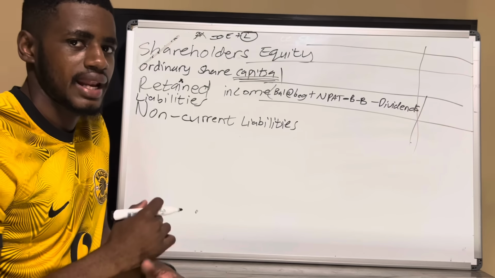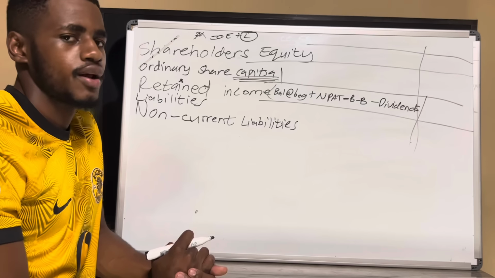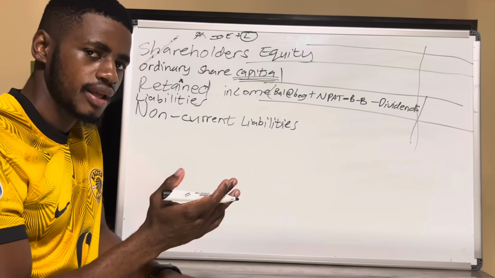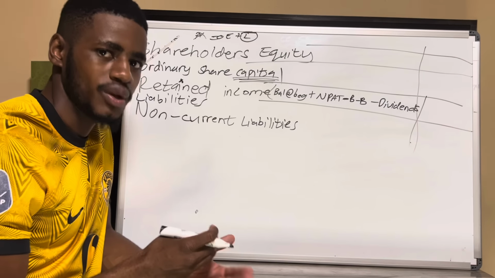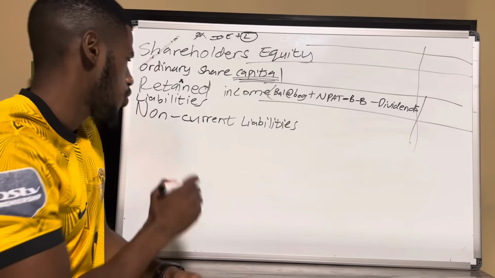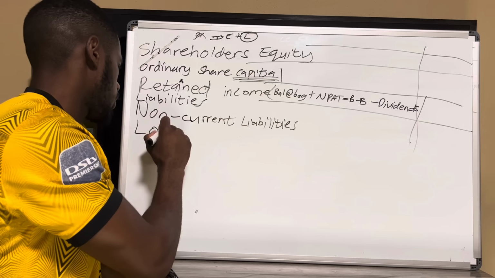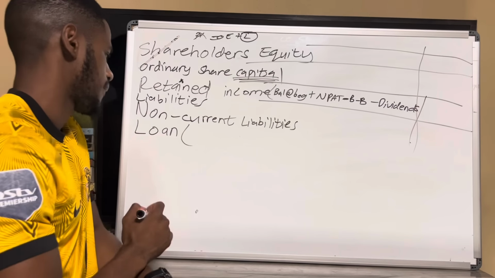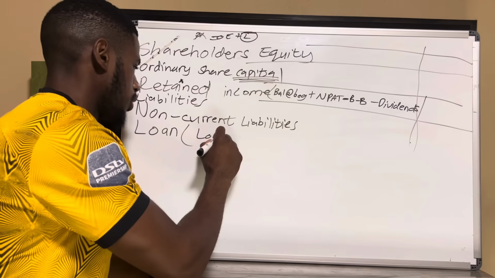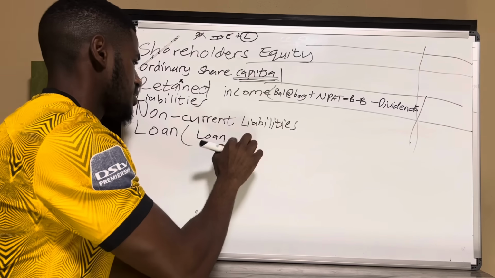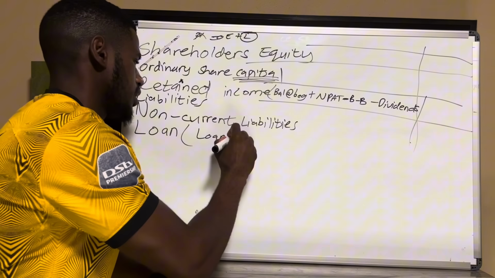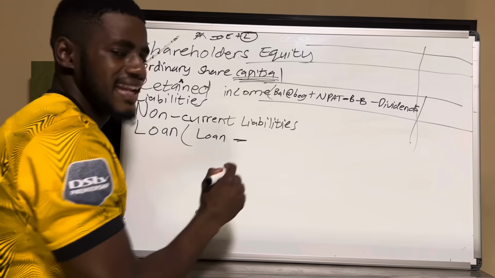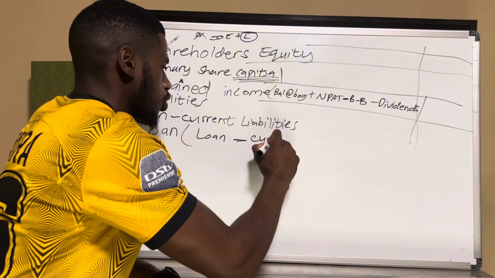Non-current liabilities are the liabilities that we are not expected to pay in this current period or within the next 12 months. Our non-current liability will be mainly loan for this level of accounting. We'll be putting the loan amount here, the balance that we now need to pay, minus current portion of loan.